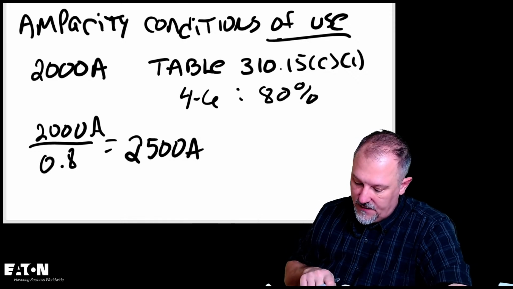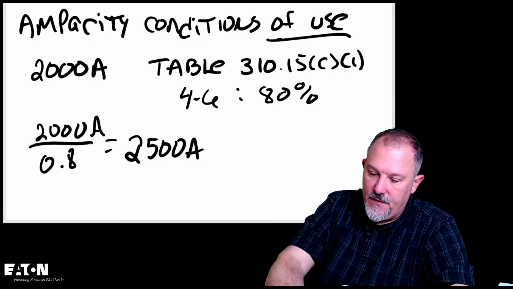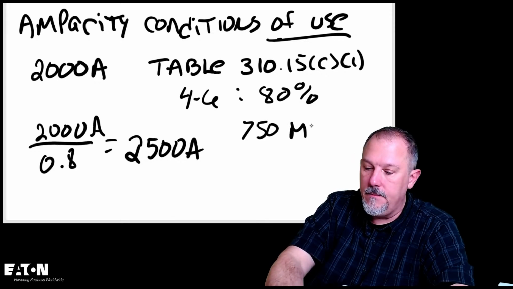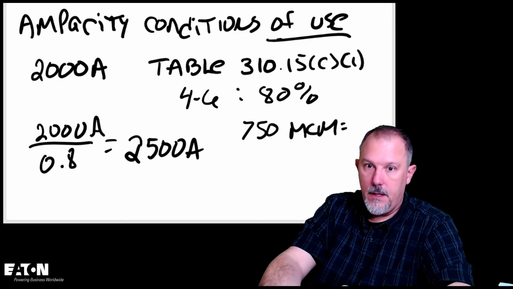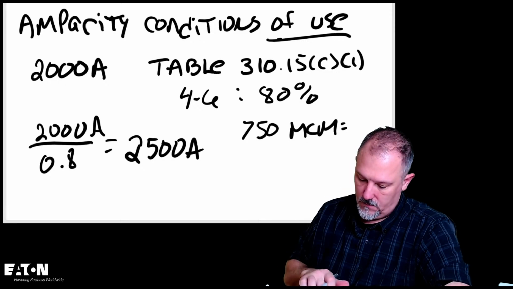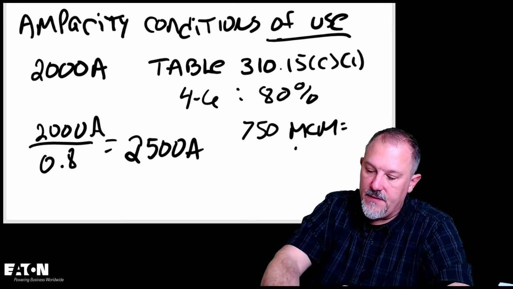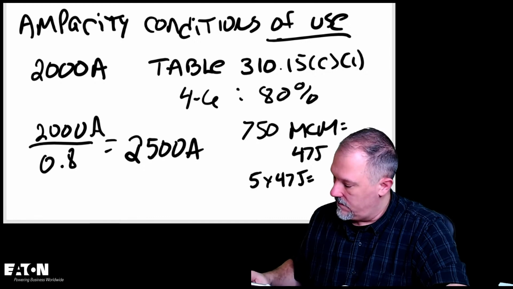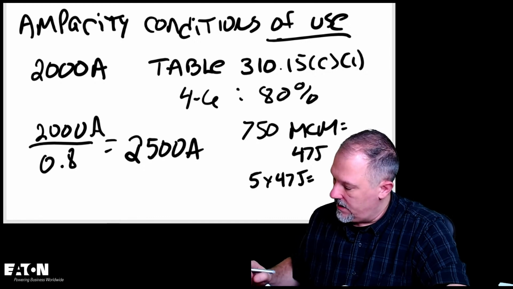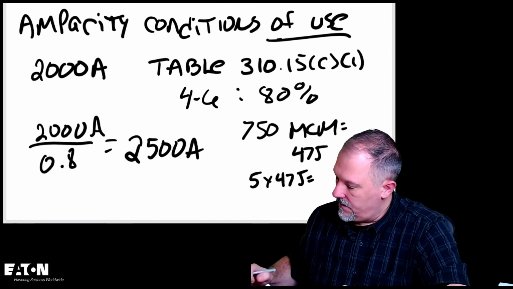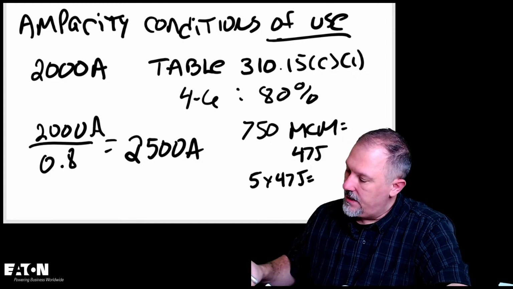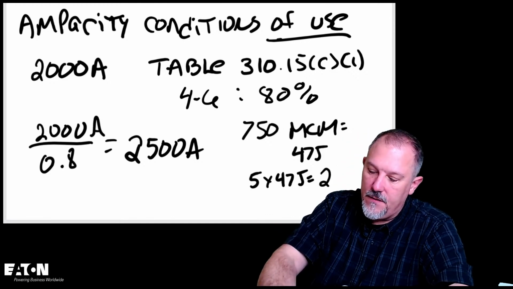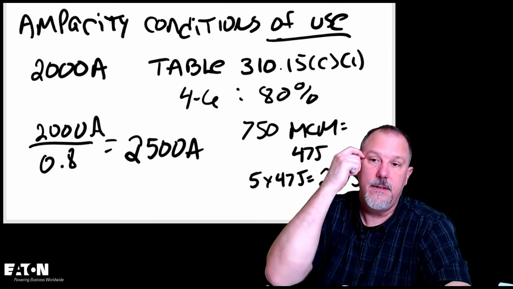If I look at 750 MCM, it is rated at 475 amps. 5 times 475 is 2,375. Can't use that.